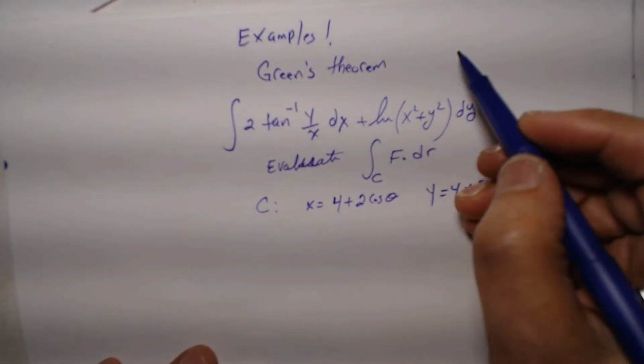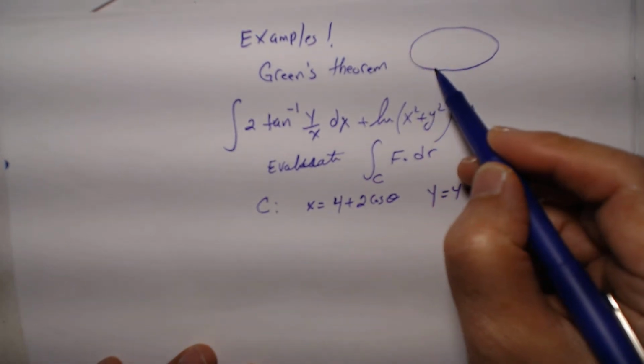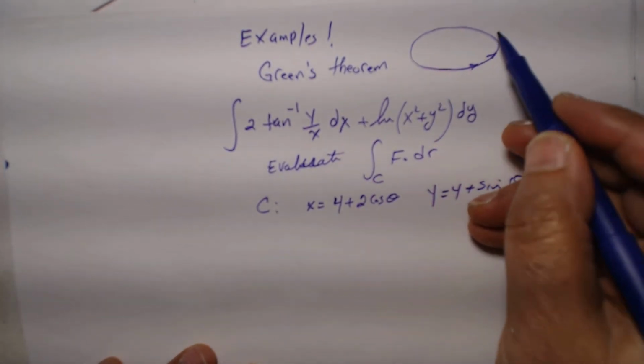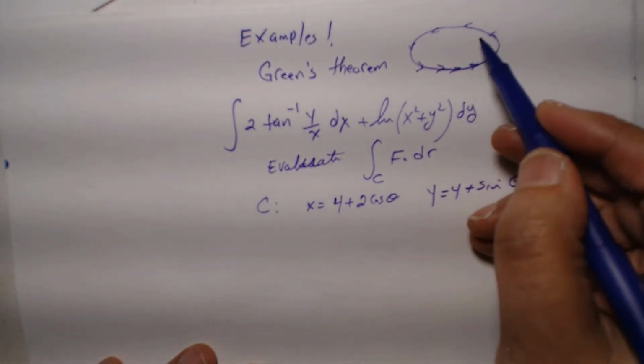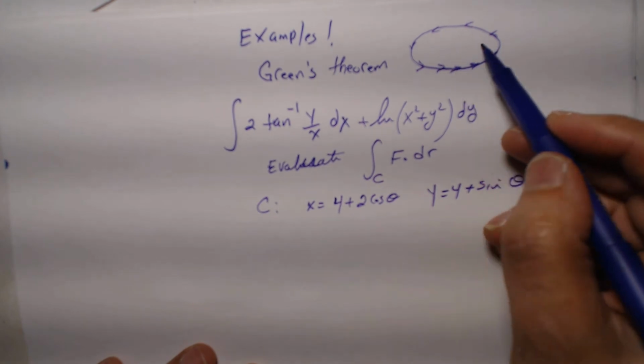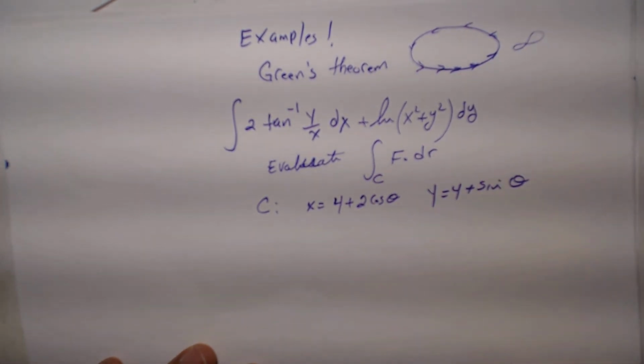The condition for Green's theorem is that you have a curve that is counterclockwise and a simple region. Simple region means there is no other region inside, or the curve does not overlap.